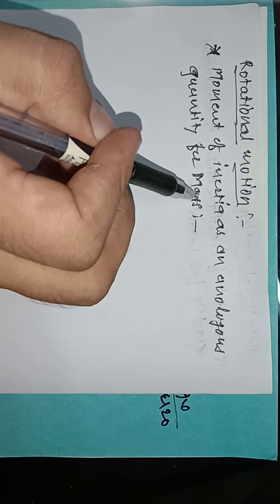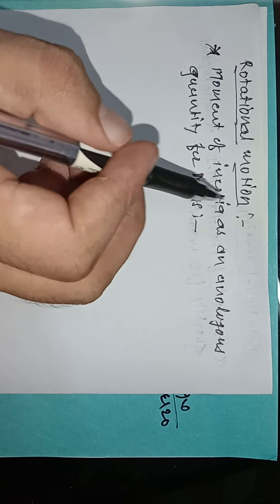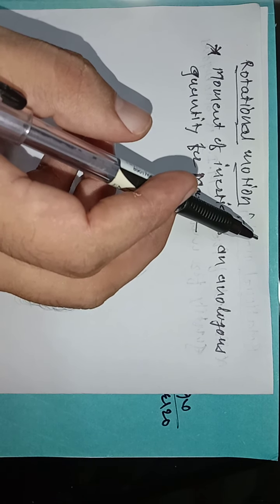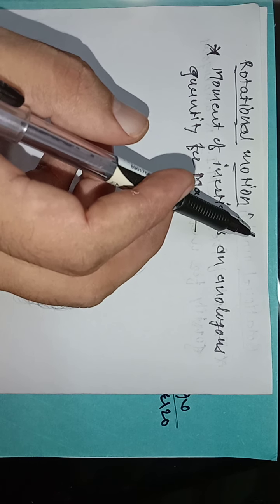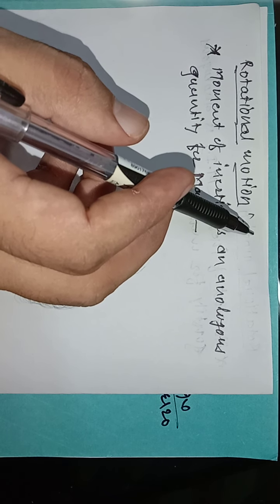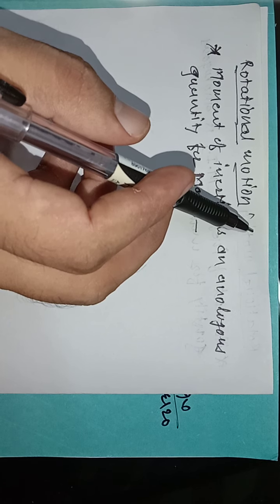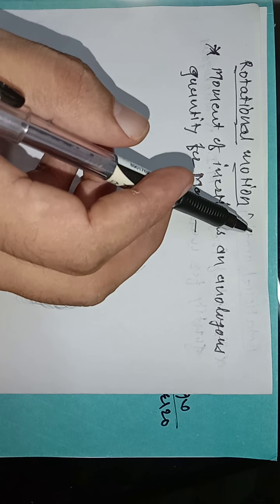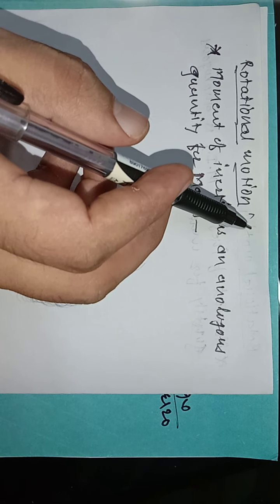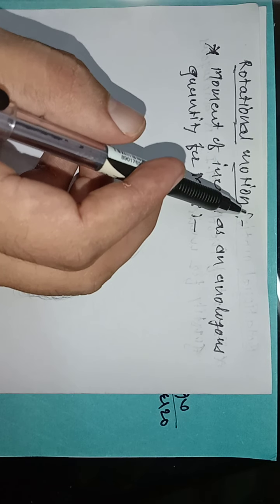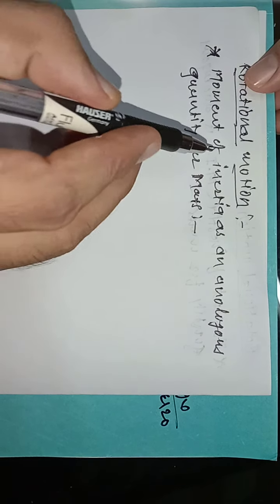Thus the quantity analogous to mass includes not only mass but also the distribution of mass around the axis of rotation. To know the exact relation, let us derive an expression for the rotational kinetic energy of a rigid body.